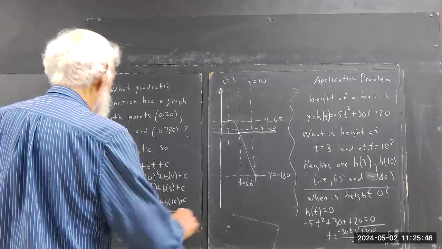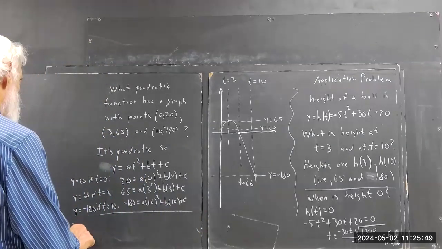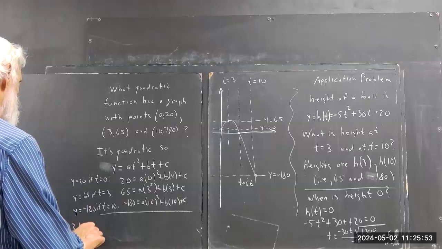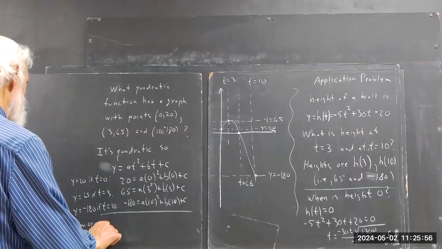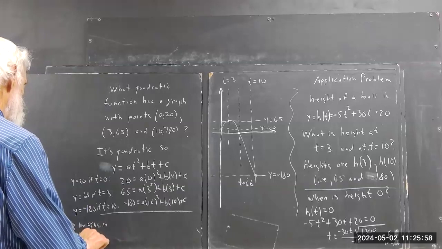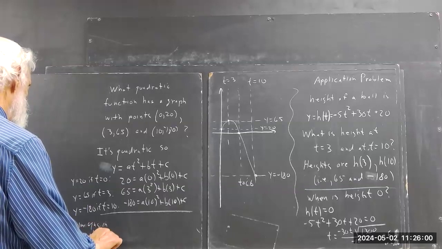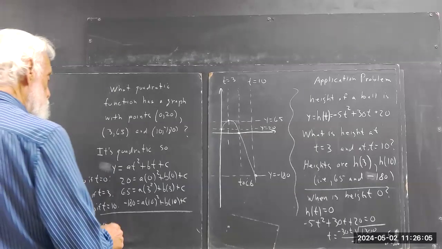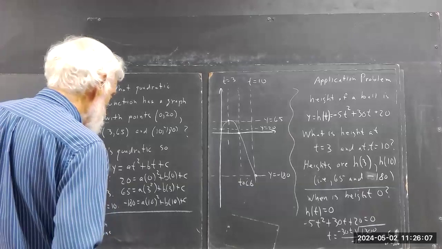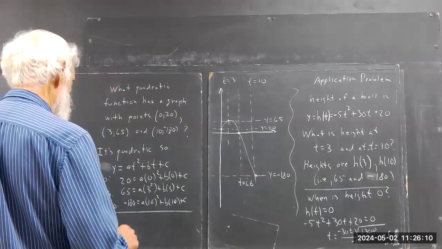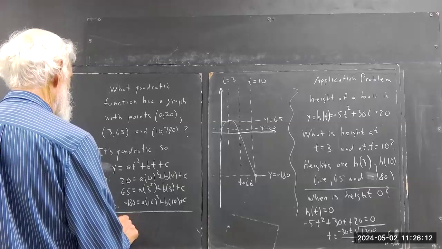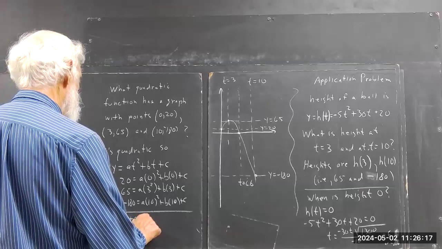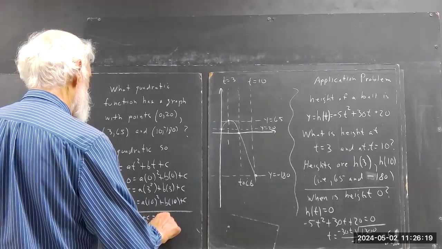Now I can write three linear equations in three unknowns. I'm going to write the equations. Zero A plus zero B plus C equals 20.